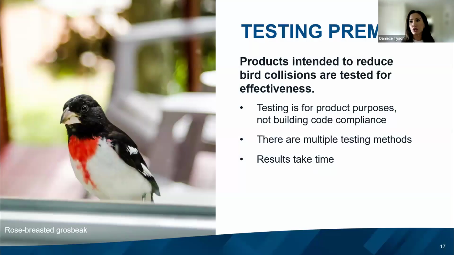It's good to remember with this testing, because I always receive a lot of questions about testing and how it's done and how it can be accurate. The testing is for the product, not for building code compliance in most cases, though New York relies on testing for their code. There are several different testing methods, though we'll focus on the one major one, and the results take time. The testing can't be perfect.